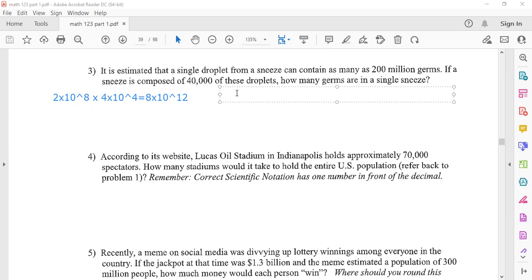So there are about million, billion, trillion, right? Wow. 8 trillion germs in a single sneeze. That's a lot of germs.